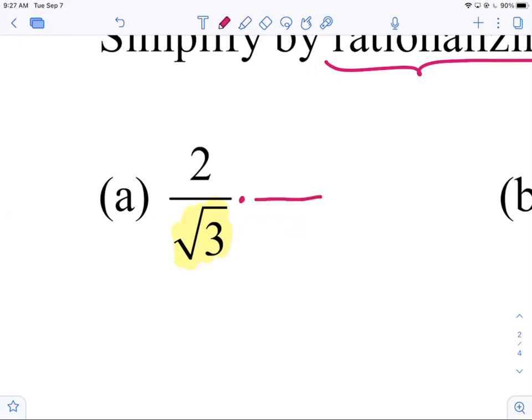Well, I'm kind of limited to what I can do without changing the value, right? I can add a clever form of 0, or I can multiply by a clever form of 1. That's what I'm going to do here. I'm going to multiply by a clever form of 1 that is the radical over the radical. This should feel familiar to you, okay?